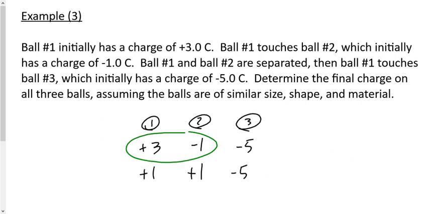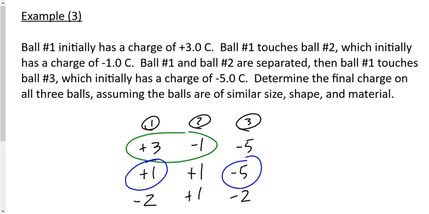Then it says ball 1 touches ball 3. 1 touches 3. 1 and negative 5 becomes negative 2 and negative 2, right? 1 plus negative 5 divided by 2 becomes negative 2 and negative 2. What about the second one? It's plus 1.